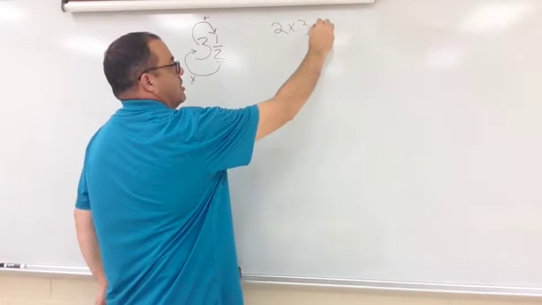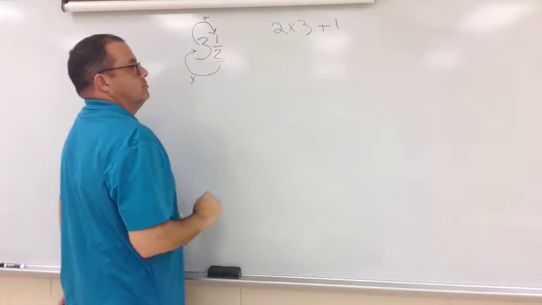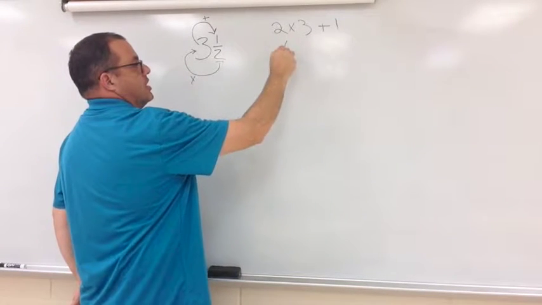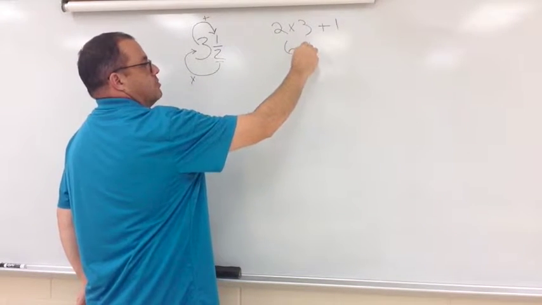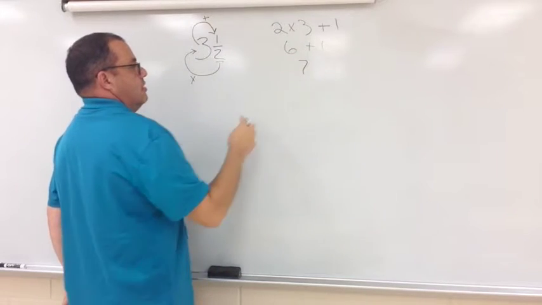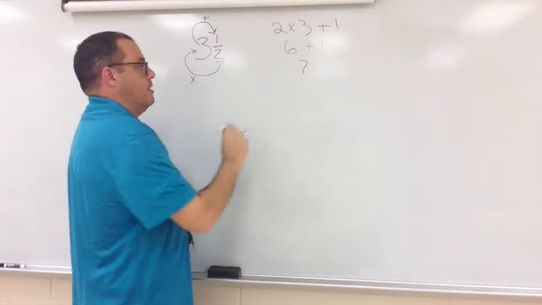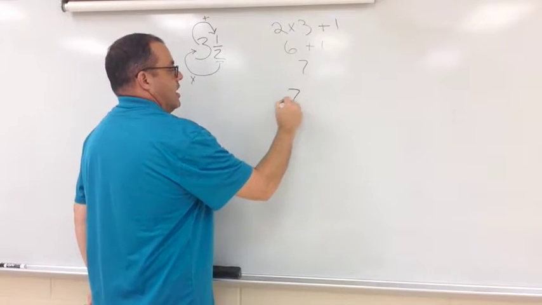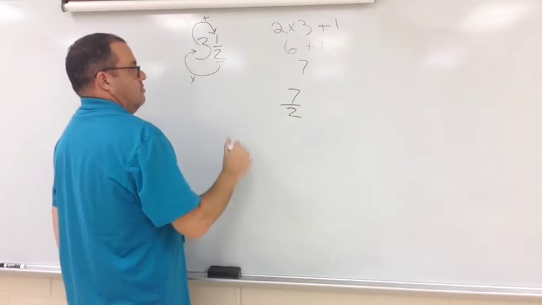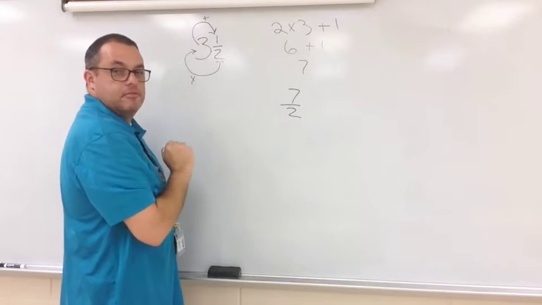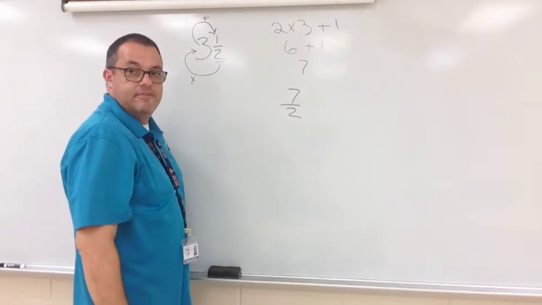So I've got 2 times 3 plus 1. So 2 times 3 is 6. And then 6 plus 1 is 7. Then I'm going to use the same denominator. I'm not going to change my denominator. So it is now 7/2. So 3 1/2 equals 7/2.